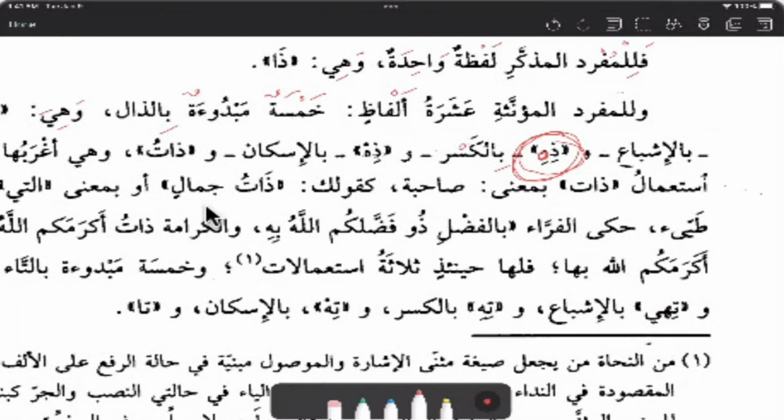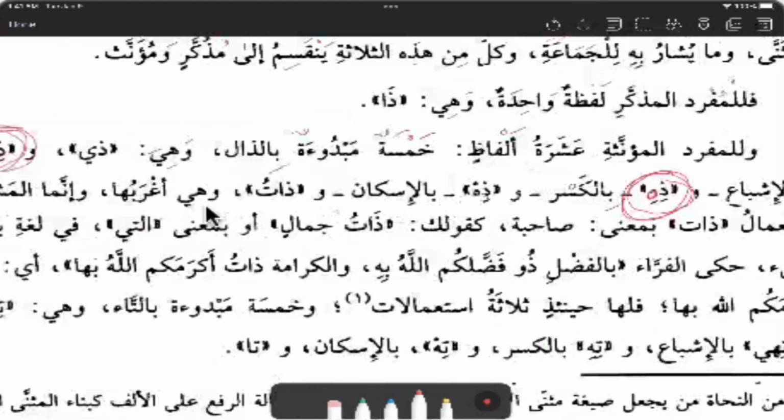For example, when you recite the Quran, you could say, man dha alladhi yashfa'u 'indahu illa bi-idhnihi, 'indahu, that extension there. Wa la yuhituna bi shay'in min 'ilmihi, 'ilmihi, that extension there. That's ishba'.